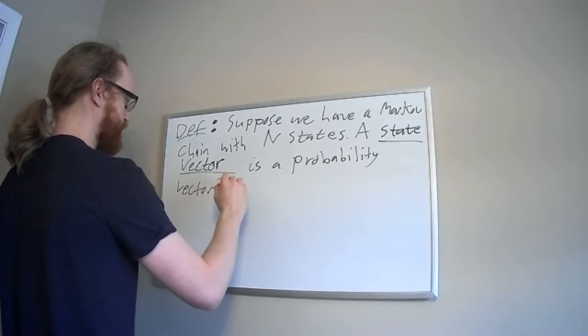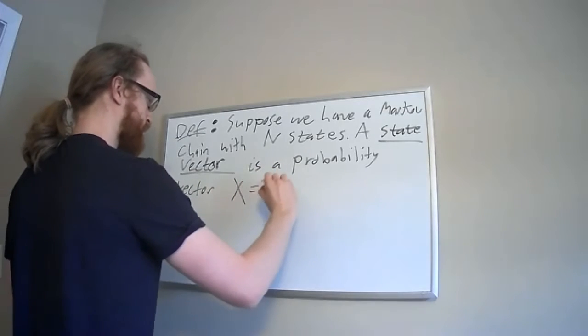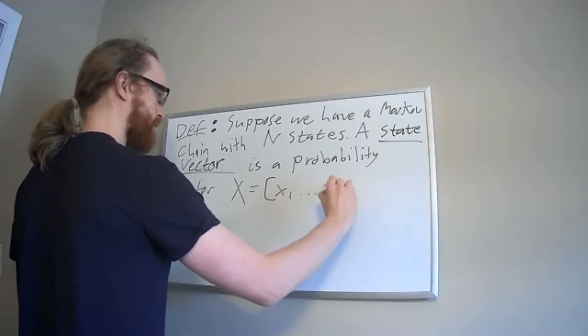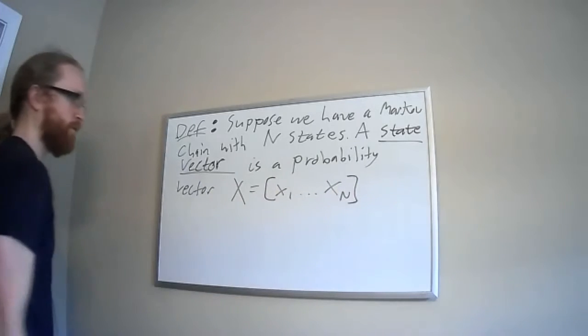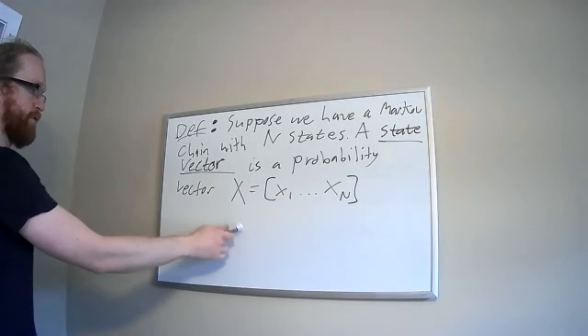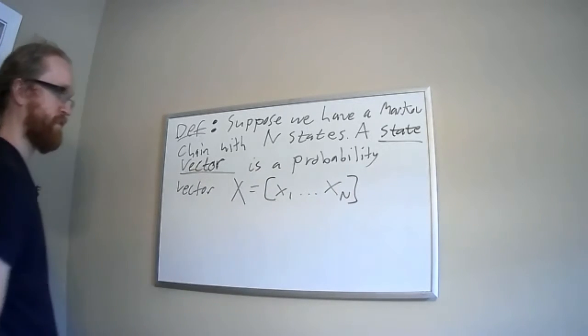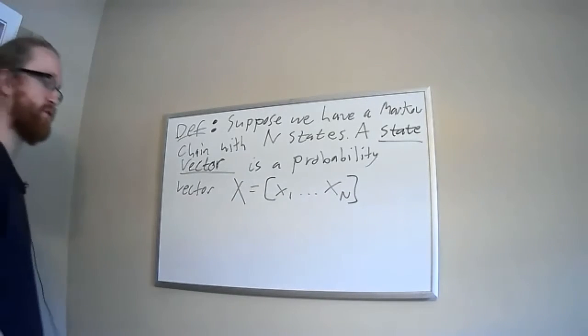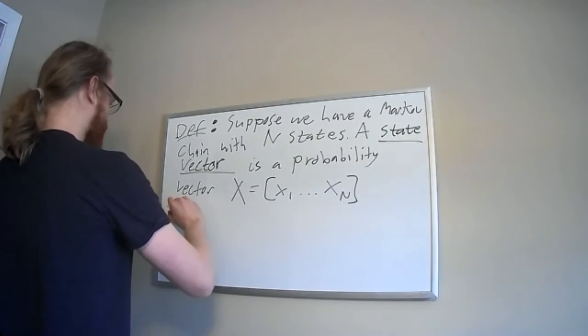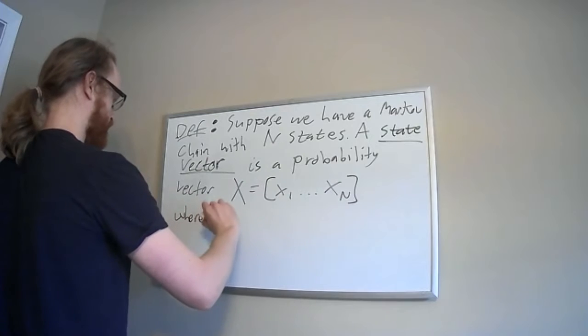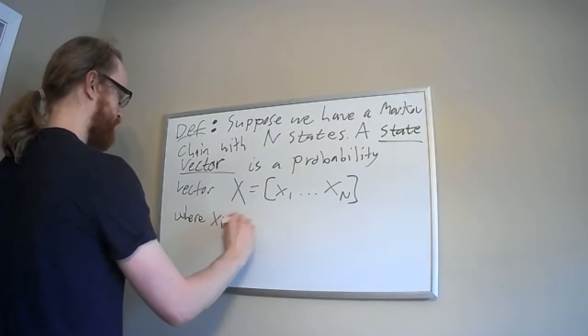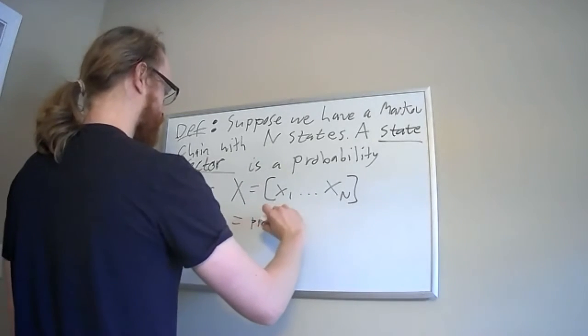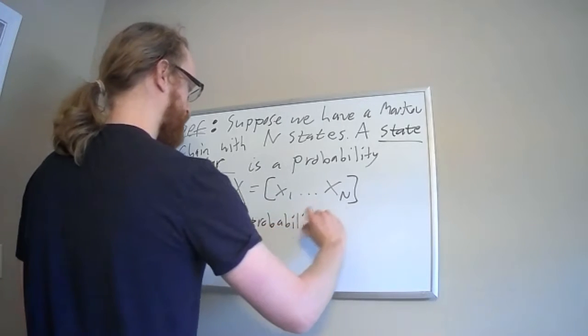And let me just give it a name so I can talk about it for a second. So maybe my probability vector is called x, and the entries are x1 up through xn, one for each state of my Markov chain, where xi is the probability of being in state i.